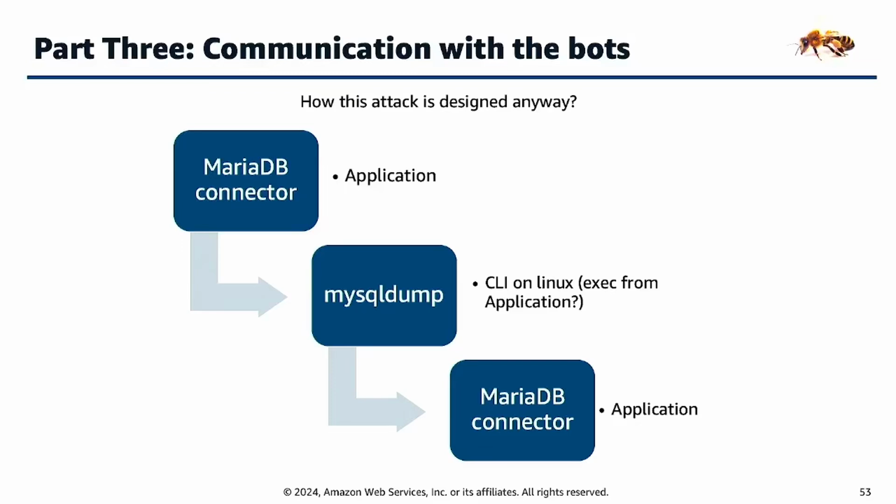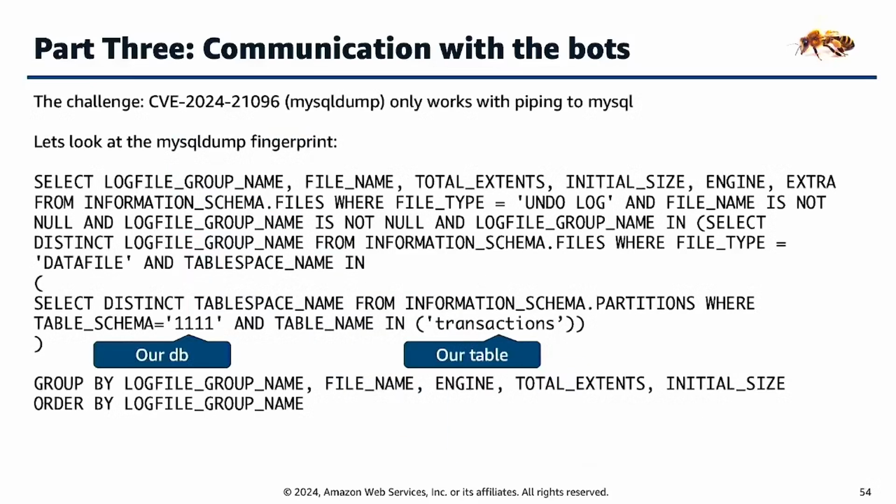And from that application, they have to execute mysqldump. So if there's a CLI, it's a CLI on Linux. We know that this is Linux, right? So we know that they're doing some execution. And then the last thing is we see again the connection from the application. So connection from the application, mysqldump suddenly, and then connection from the application again. So probably exec.